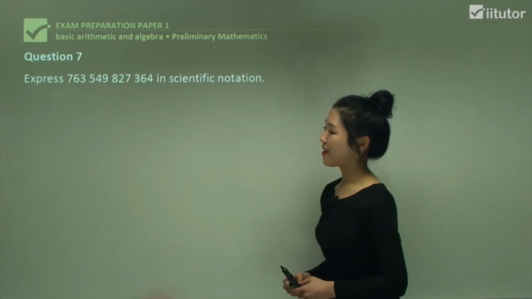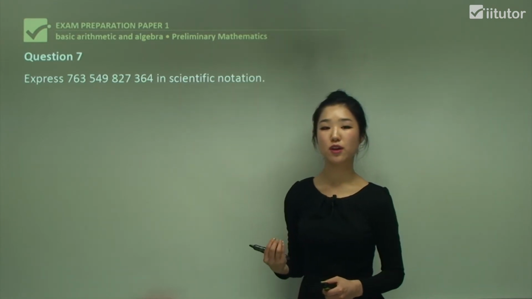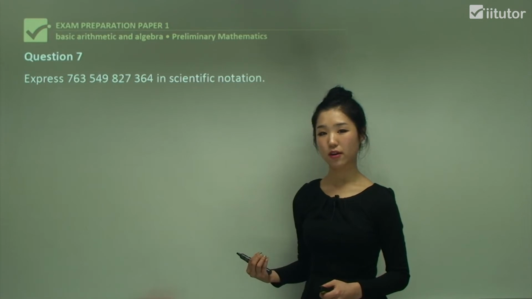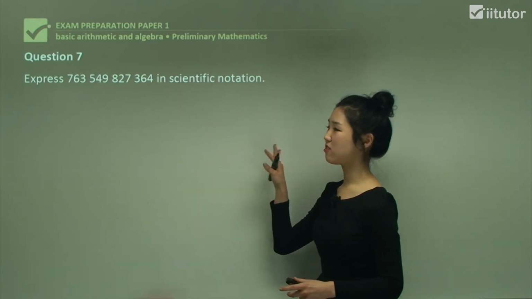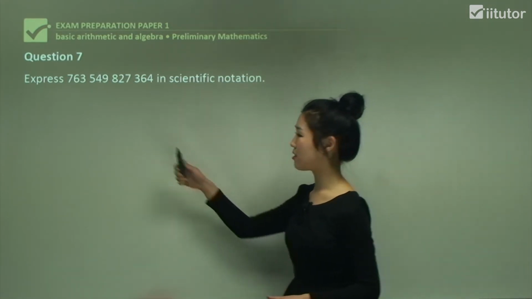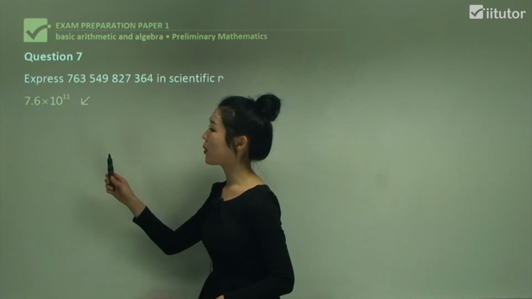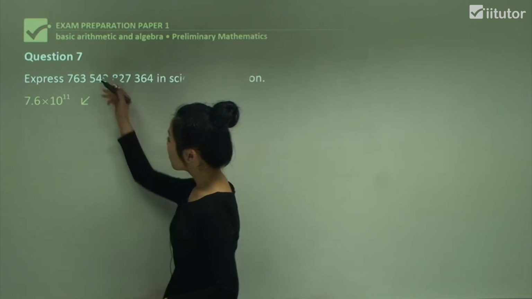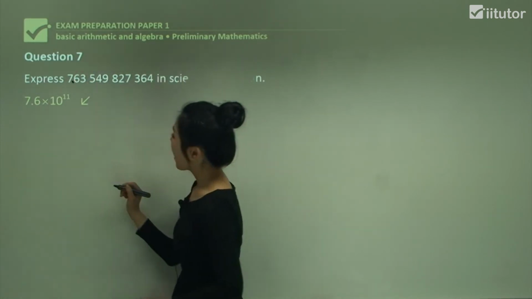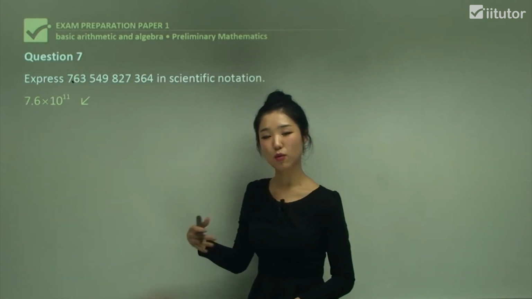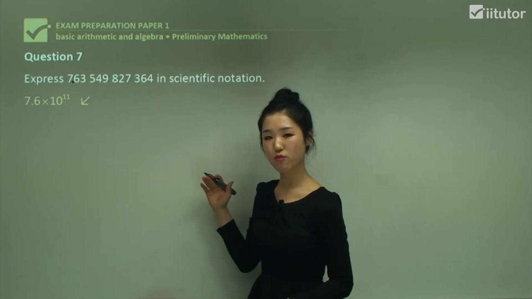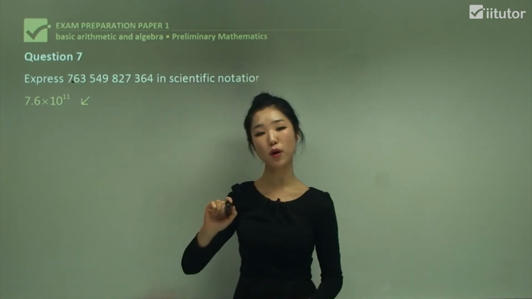Now, as I said, I like to have my decimal in front of the first number. Because a number like this, when it's not all 0, I like to have a decimal in front of the first number 7. So I have 7.6 times. If I put the decimal there, how many places do I have to move to the right to go back to the original spot?